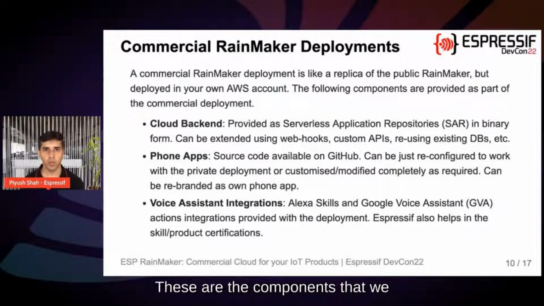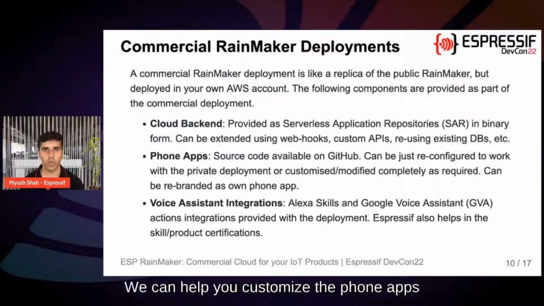So these are the components that we provide as part of a commercial deployment. The primary thing is the cloud backend. It is provided as a serverless application repository in binary form. It would be installed directly in your account, and it can be extended using webhooks, custom APIs, and also reusing the existing database.